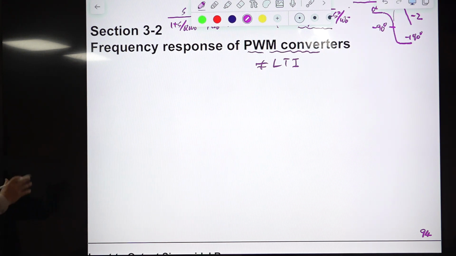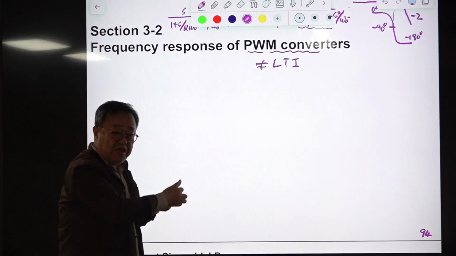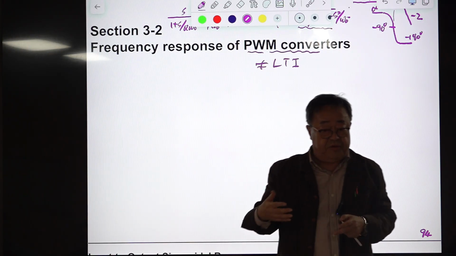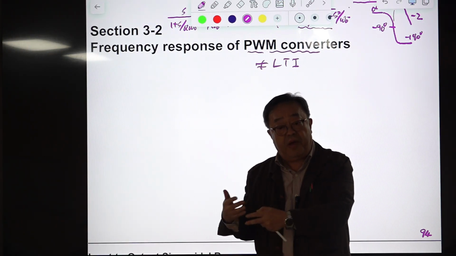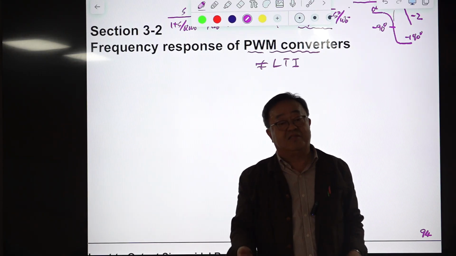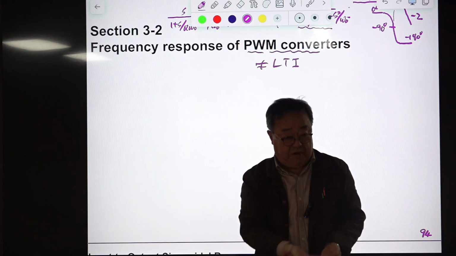Somehow we want the same story as the linear time invariant system to be true in this system, but that is not the case. But mostly they are very similar.